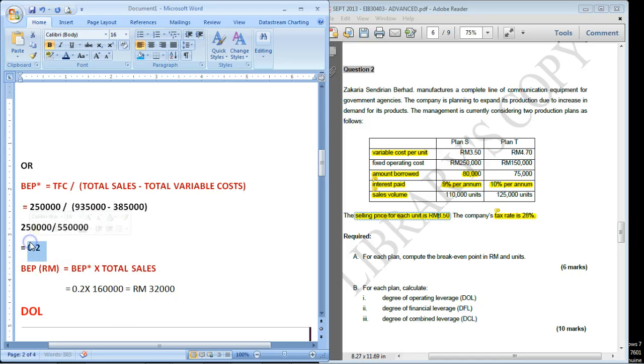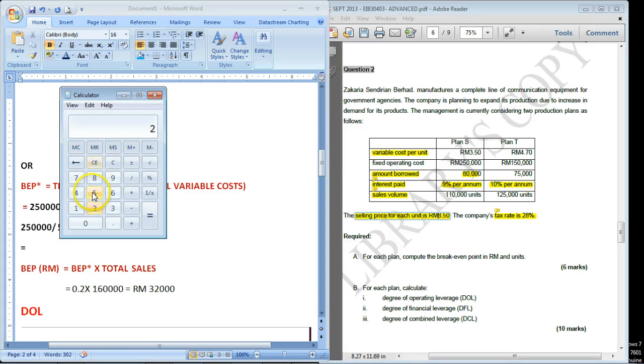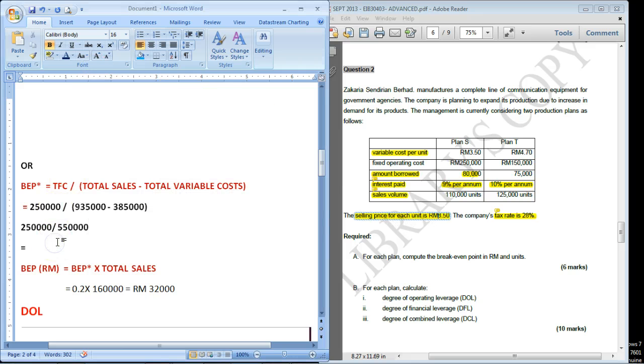So can we try to calculate? You are using both methods; I accept. Don't worry about that. Divided by 55,000, then you get 0.45. Then your 0.45, you will times with your total sales, 935,000.